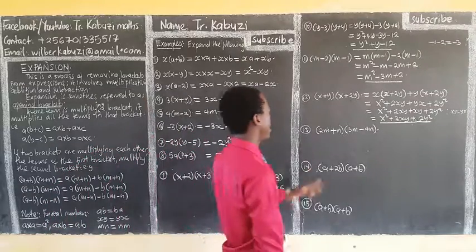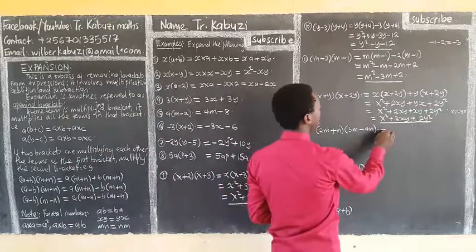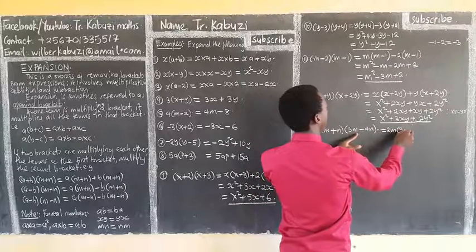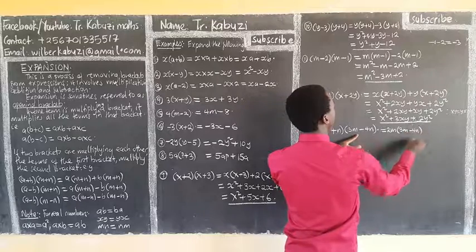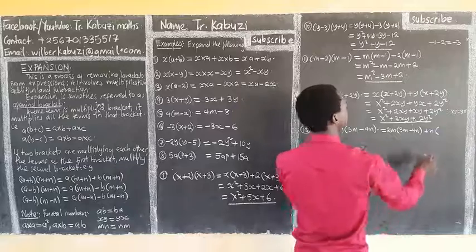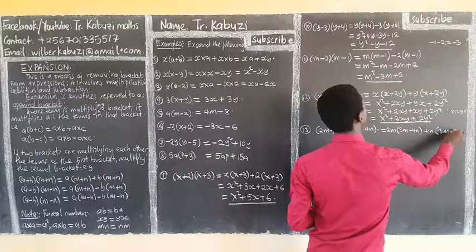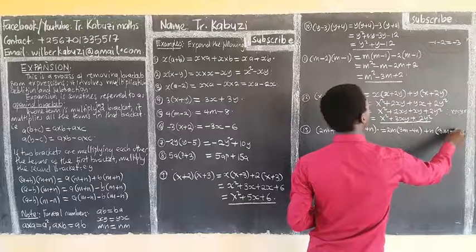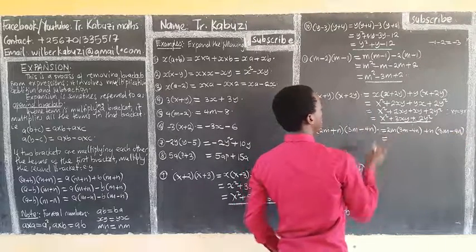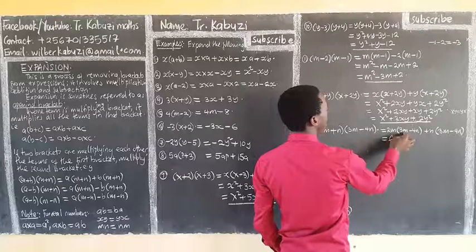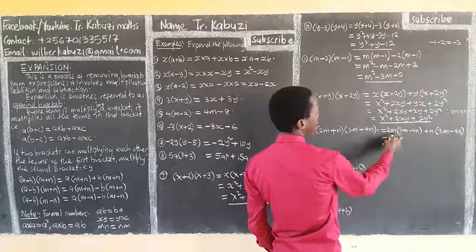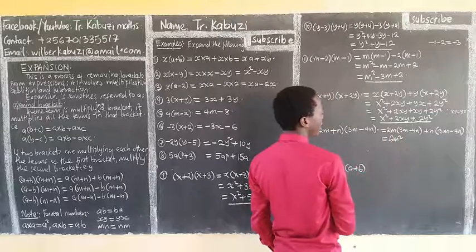Then here the same idea, the first bracket multiplies the second bracket. So the first term here is 2m. Here we have 3m minus 4n. Then here we have positive n into 3m minus 4n. Can we multiply? 2 times 3, we get 6. m times m, we get m squared. So the numbers multiply themselves, then the letters also multiply themselves.